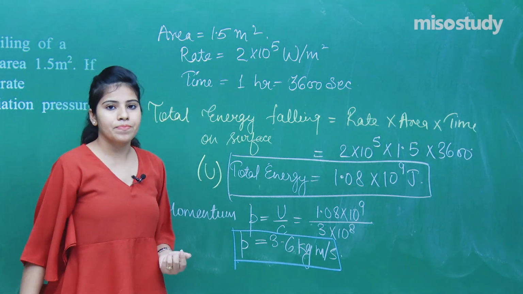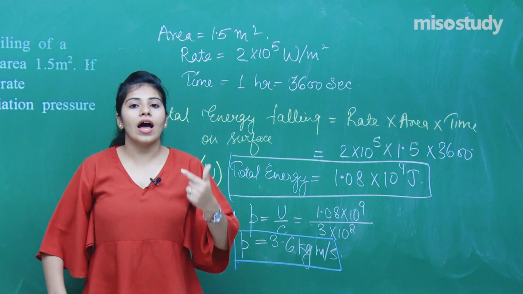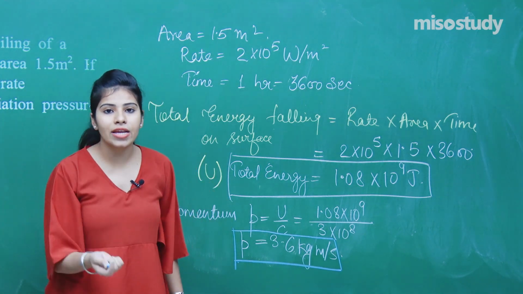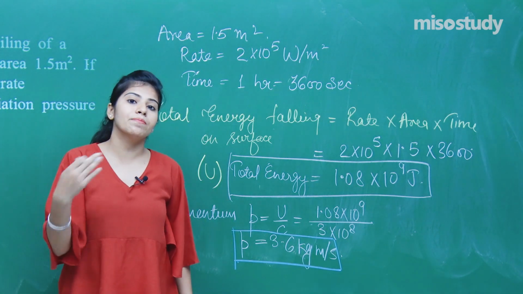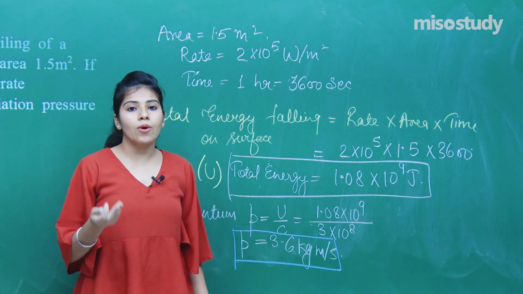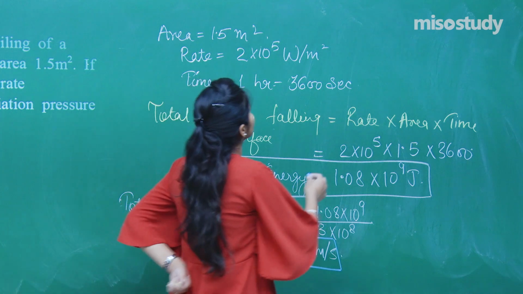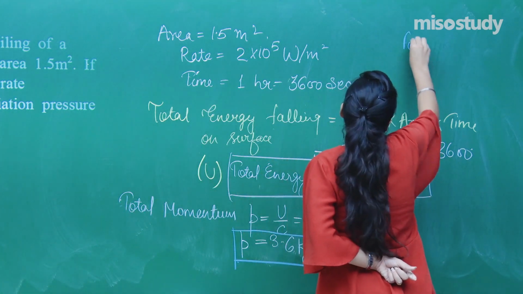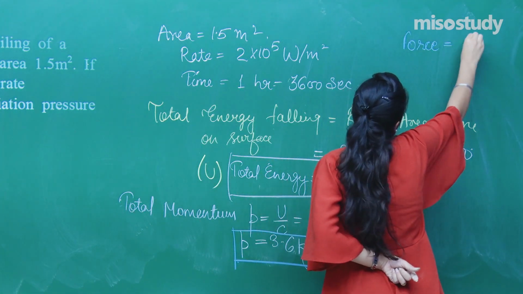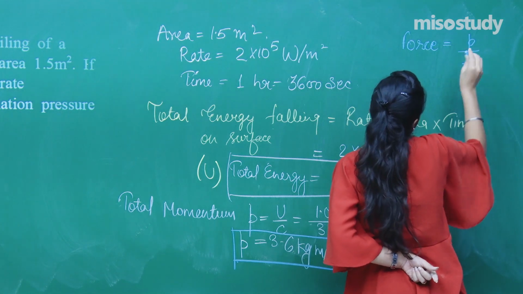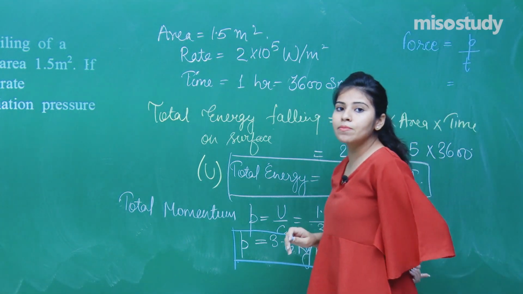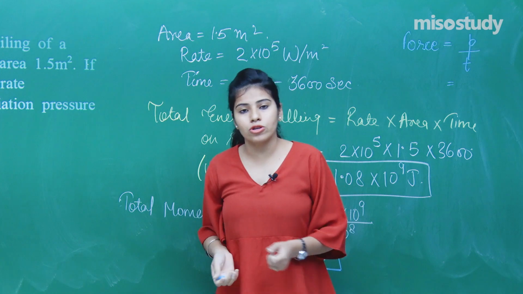This is your momentum. Now since we have the momentum, we can easily find out the force and then pressure. You know that the formula for force is momentum upon time. So apply this to find out the force, P upon T. This force is nothing but the force of the light falling on your body.